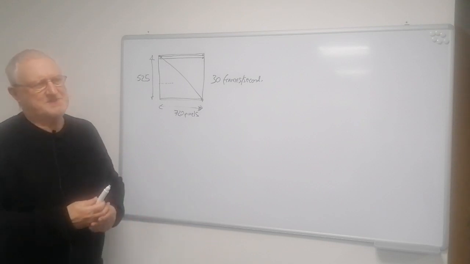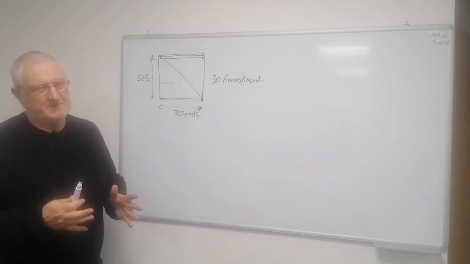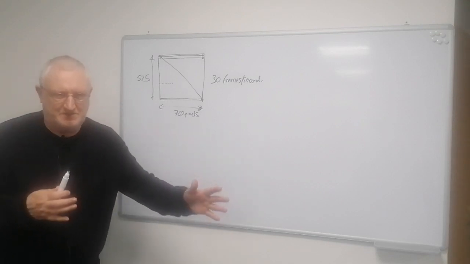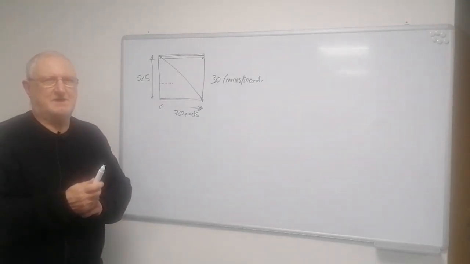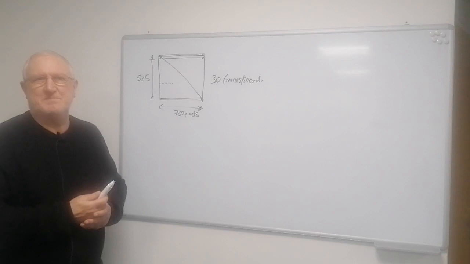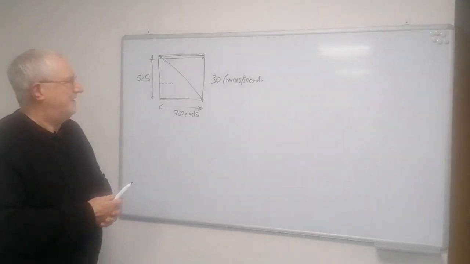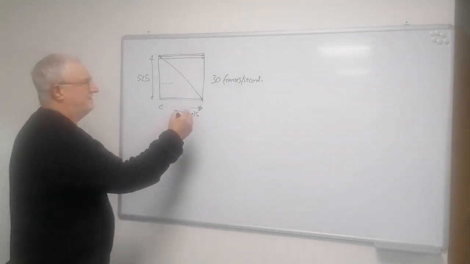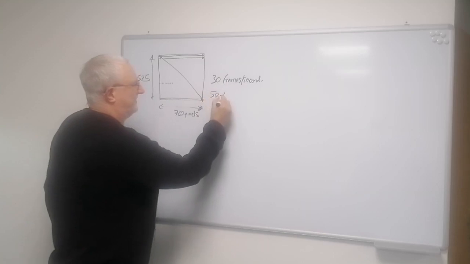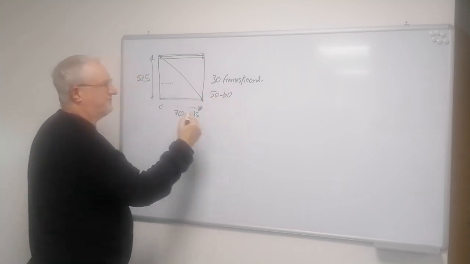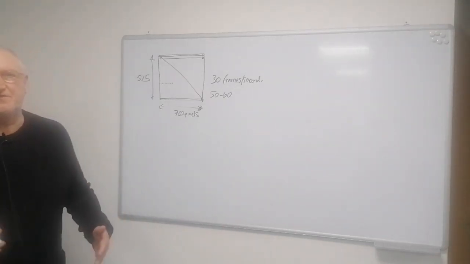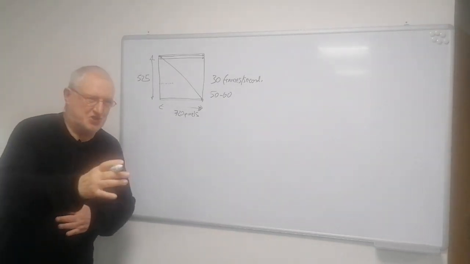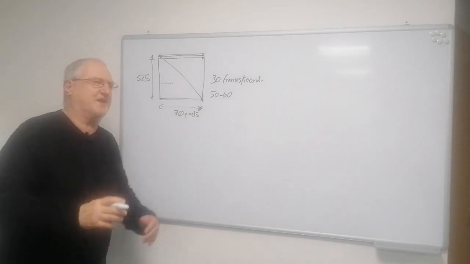At 30 frames a second, you would be able to still see that motion, but the interlace prevents that. It sort of masks it. But ideally, we really need to move at 50 to 60 frames per second so that the motion becomes more continuous and we don't see the jerk motion as we move from one frame to the next.